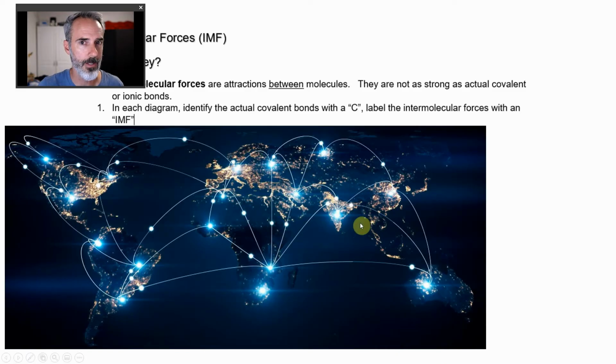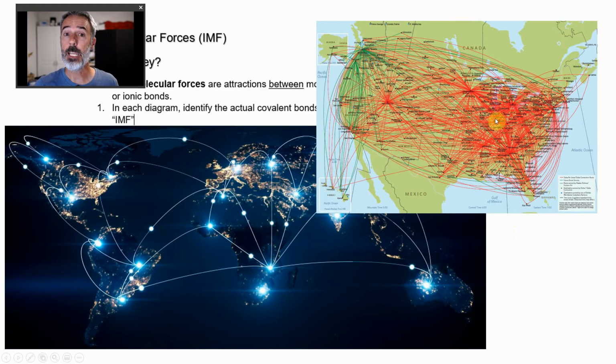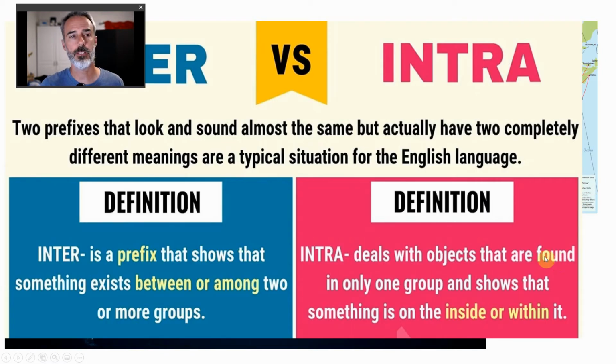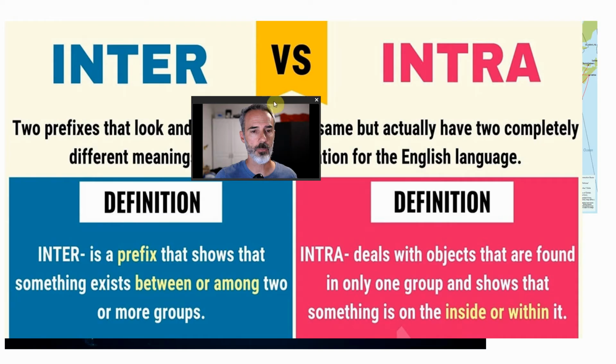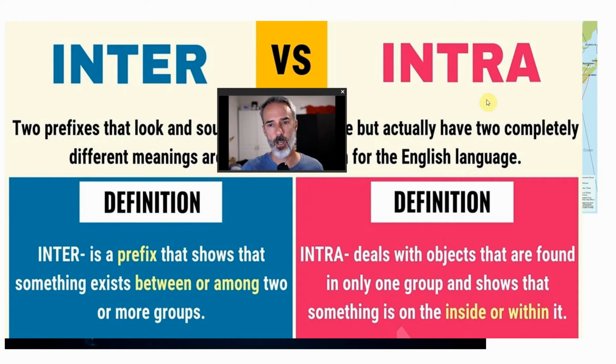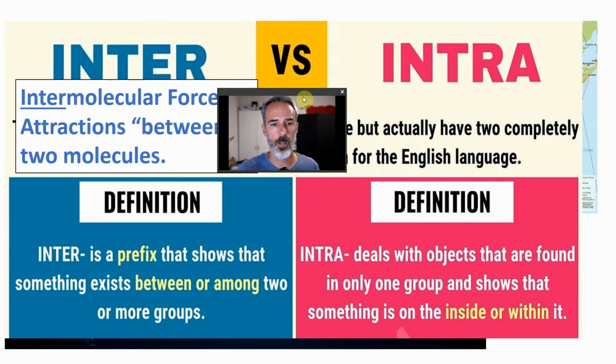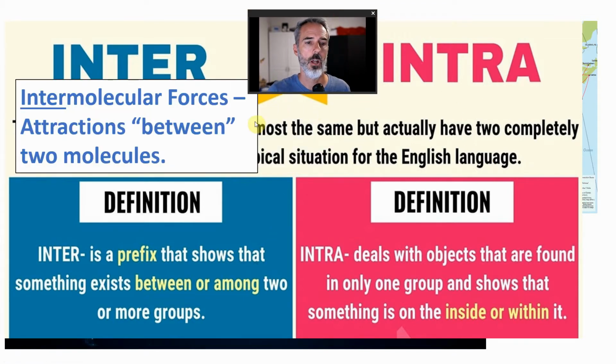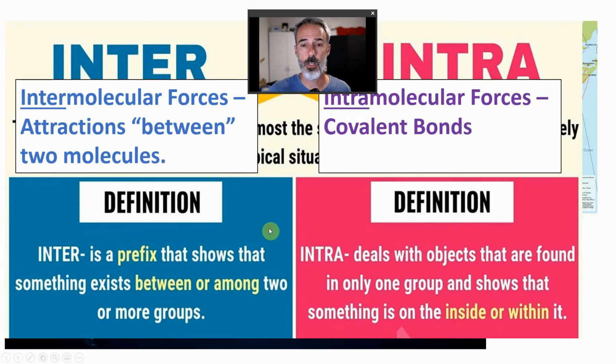We call it domestic, or we could call it an intranational flight because it's within the country. So that's what those prefixes mean. Inter means between the two groups. Intra means inside the country, the molecule, whatever it is you have. So therefore, intermolecular forces are attractions between two molecules, and intramolecular forces are covalent bonds.